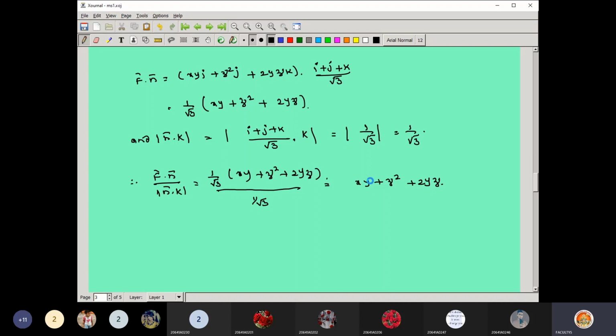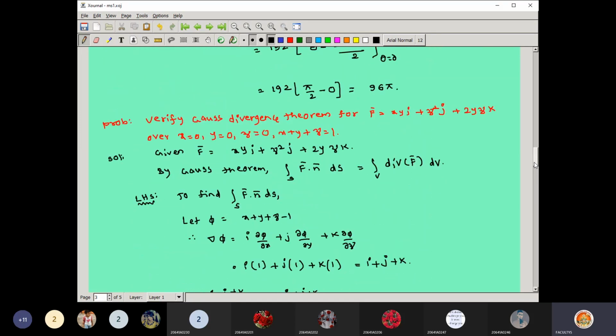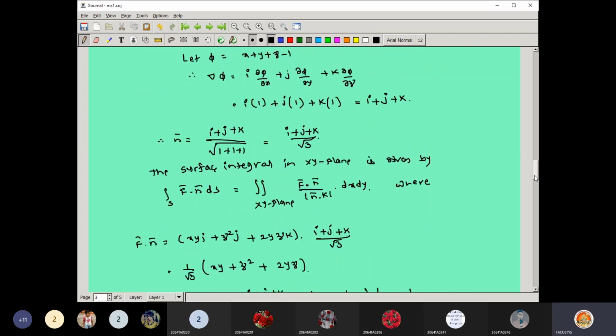Remember, whenever you calculate this answer, since it is the xy plane, it should contain only x and y variables. It should not contain anything other than x and y. So keep xy as it is, plus, how to convert z in terms of x and y? Look at your surface equation: x plus y plus z equal to 1.